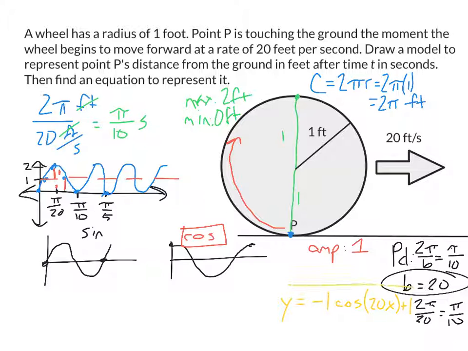And so this right here is the equation for P as it rolls forward at 20 feet per second, so the center is rolling forward at 20 feet per second. And so if you give me an x value, then that's going to be the amount of time that P has been rolling forward, and the output would be where P is positioned on this wheel, somewhere between 0 and 2. Okay, for now we are done.